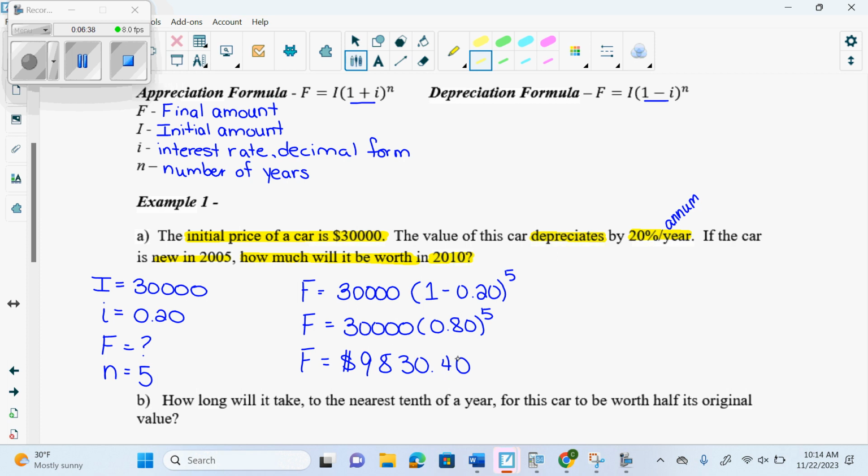All right, and then we need a sentence. The car will be worth $9,830.40 in 2010. Make sure you have all of your statements so they know what you found.